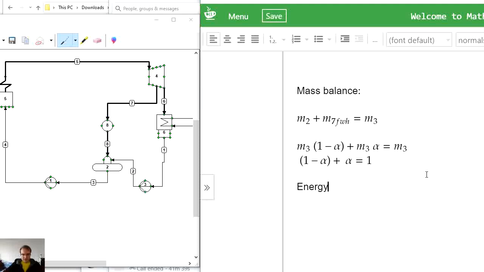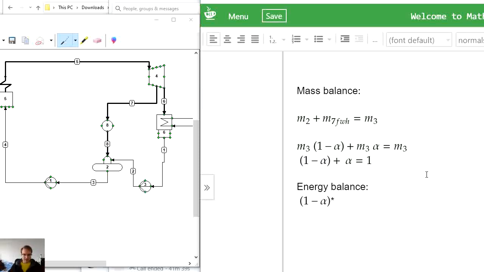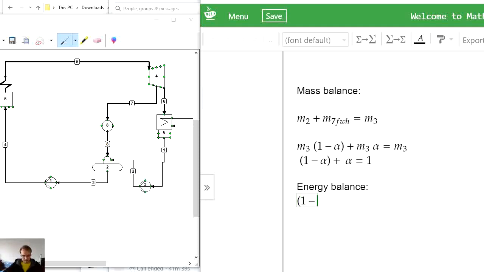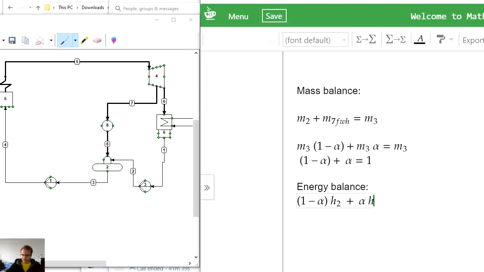And then we have energy balance, which, now already using the values of alpha, will be 1 minus alpha times enthalpy at the point 2, 1 minus alpha times H2 plus alpha times H7 feedwater heater, which is equal to H3.